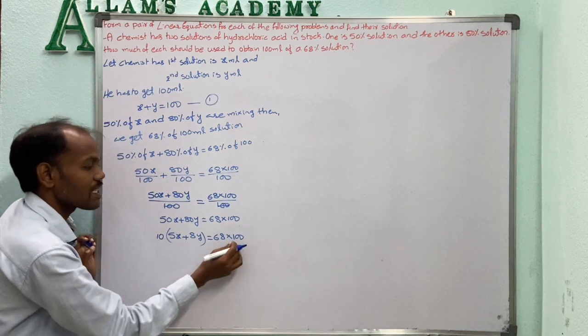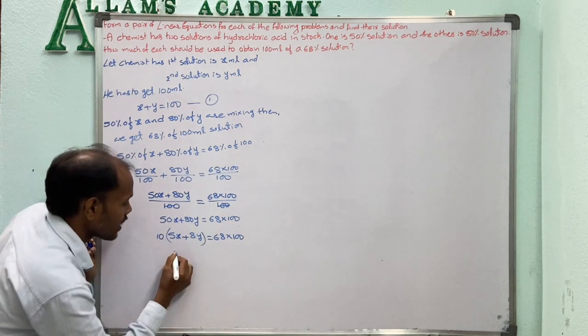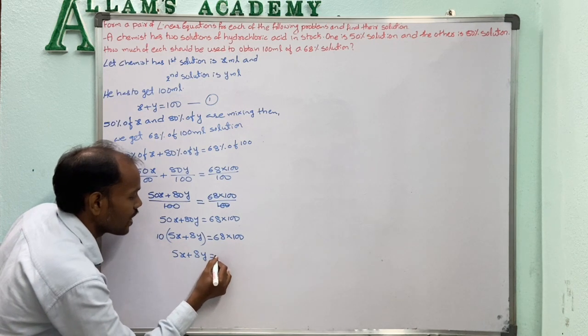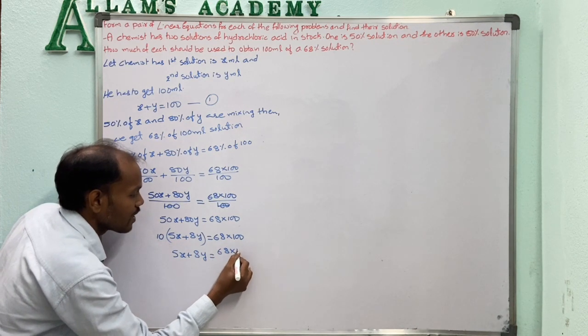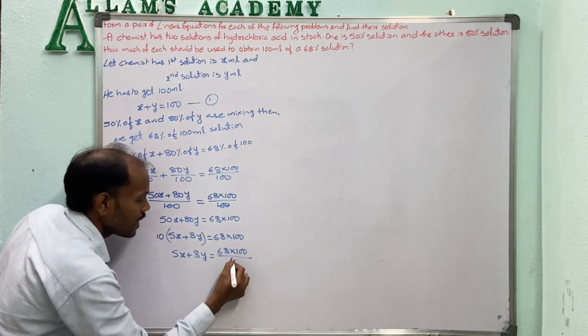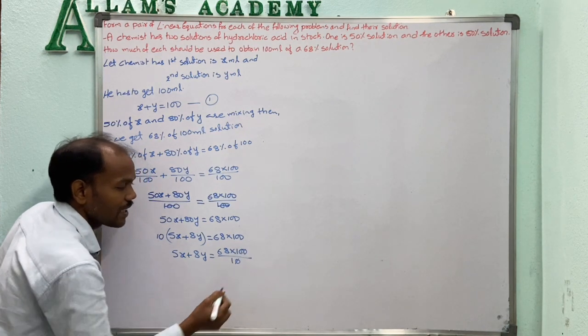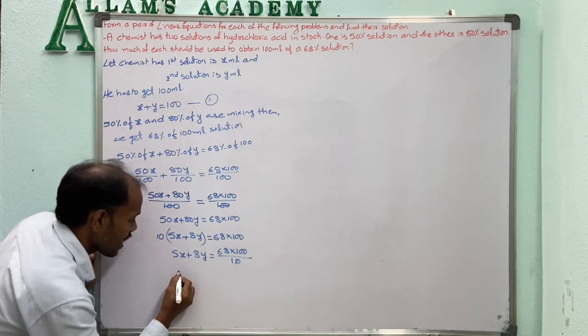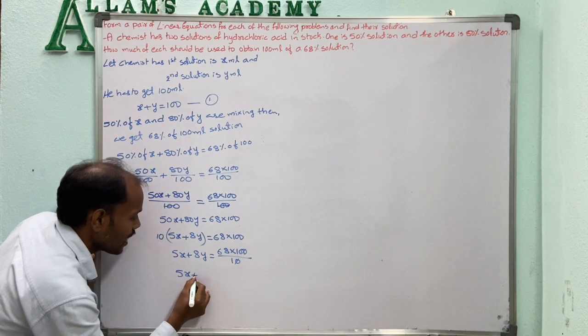Now multiplication 10 transfer to this side, that is nothing but division. 5x plus 8y equal to 68 into 100 by 10. 10 ones are 10, 10 tens are 100, that means 68 into 10, that is nothing but 680.